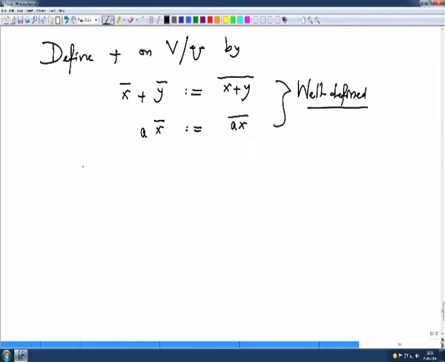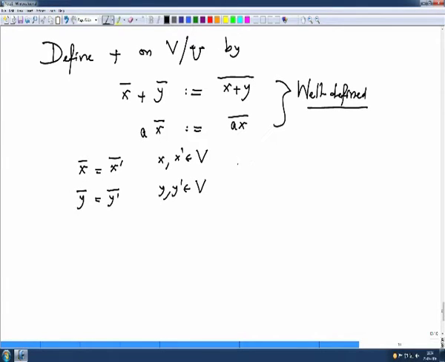So, what does that mean? Let us write down what it means. That means if x bar equals x prime bar and y bar equals y prime bar, where x, x prime are elements in V and y, y prime are elements in V, and what does this equality mean?